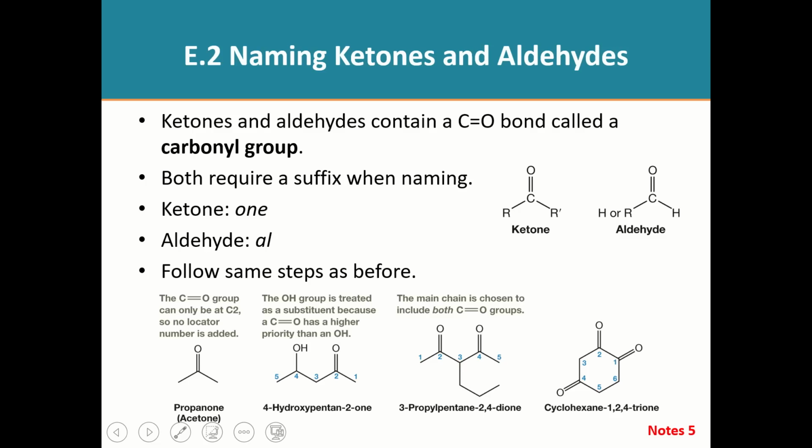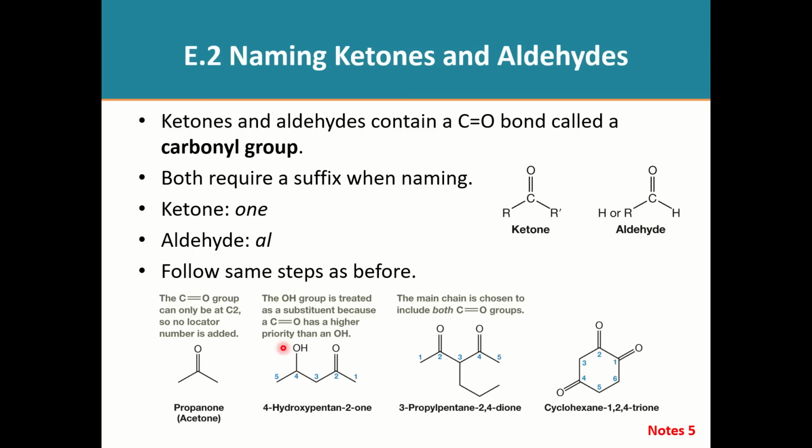So let's shift our attention to naming ketones and aldehydes. Let's take a look at this guy right here. We see the longest carbon chain is 5.